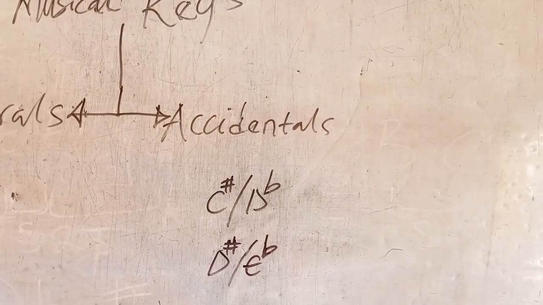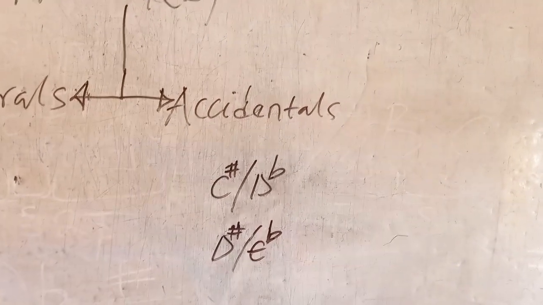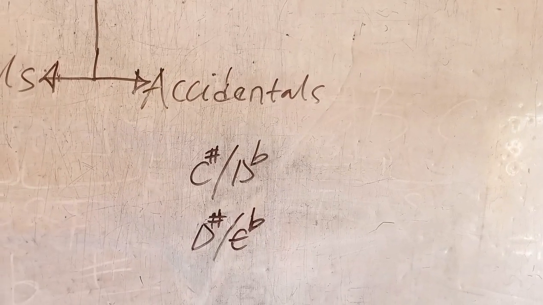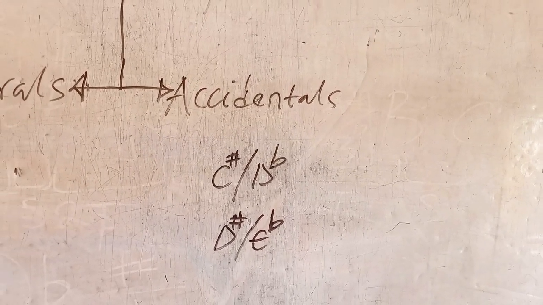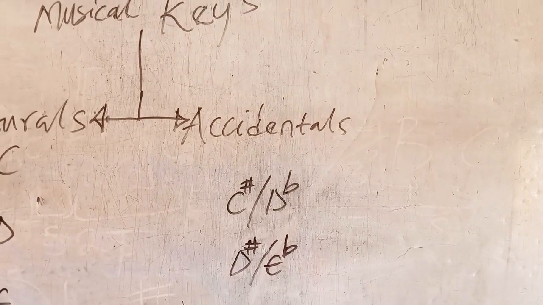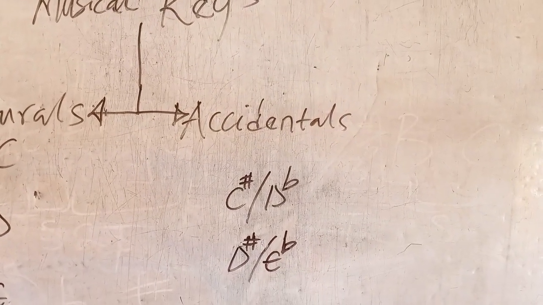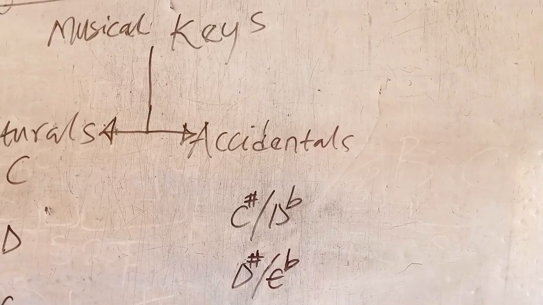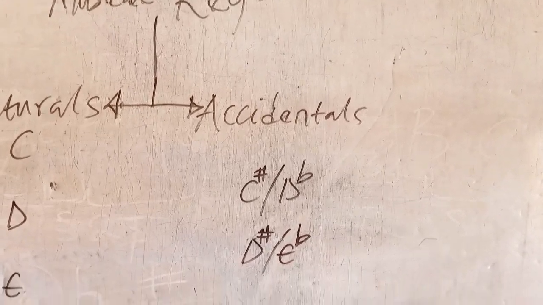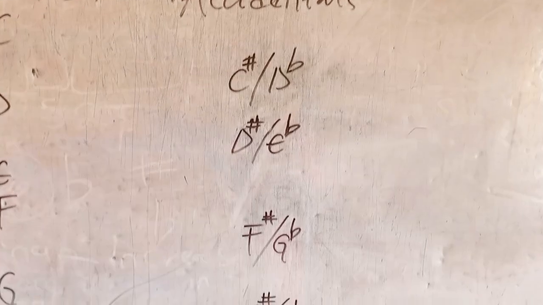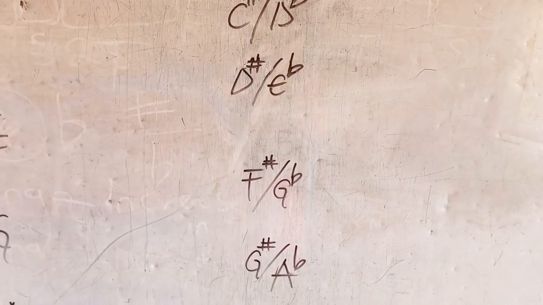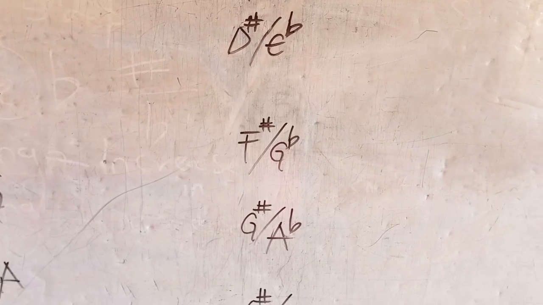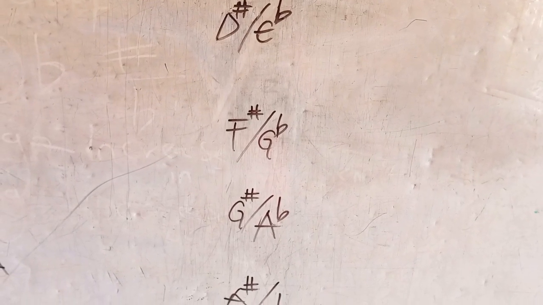Likewise, when you sharpen key D and flatten key E, you have D sharp and E flat, all the same key but with two names. When you sharpen key F and flatten key G, you will have F sharp and G flat.